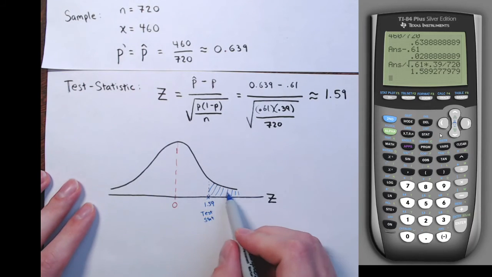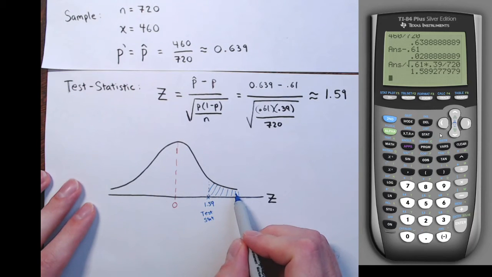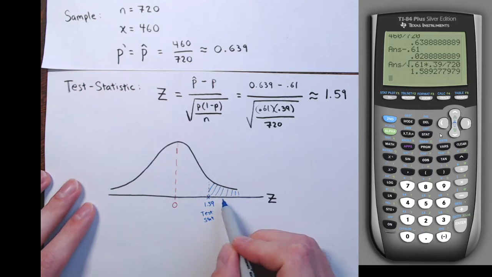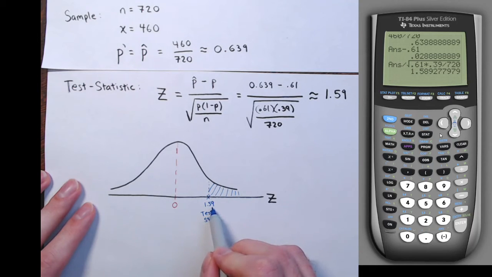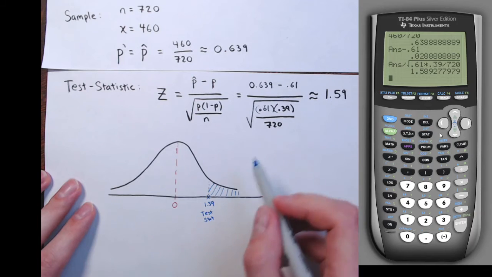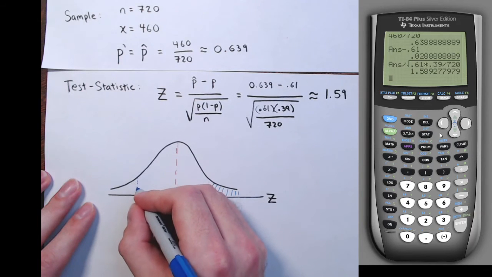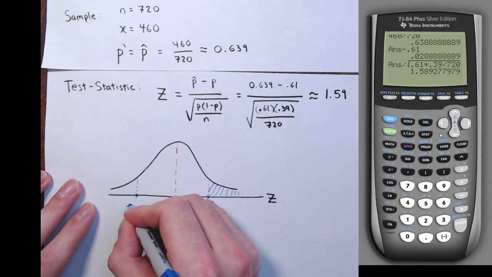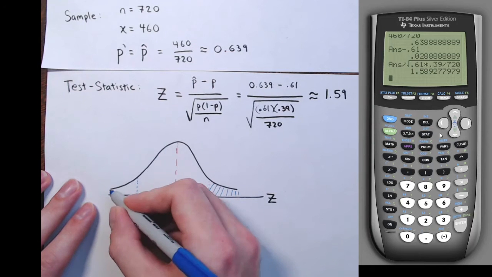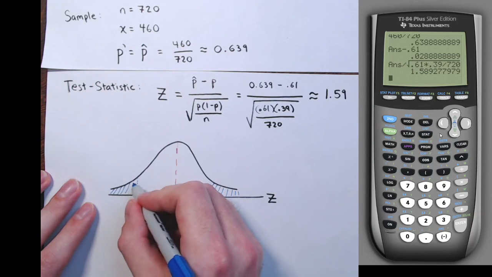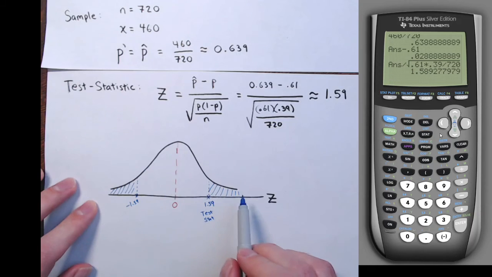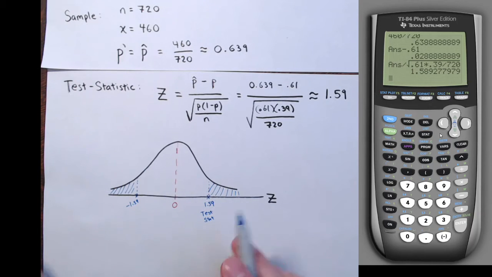Or I could look at the area to the right of positive 1.59, our test statistic, and then using the symmetry, also look at the area to the left of negative 1.59, and then both those areas together will be the p-value.